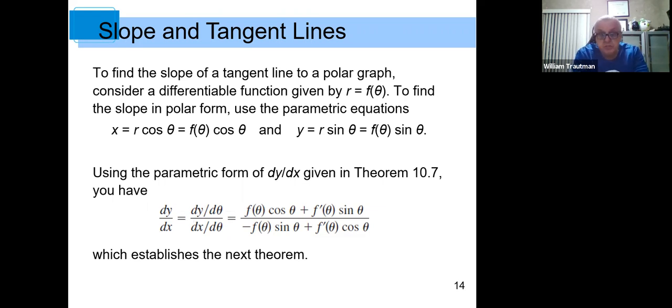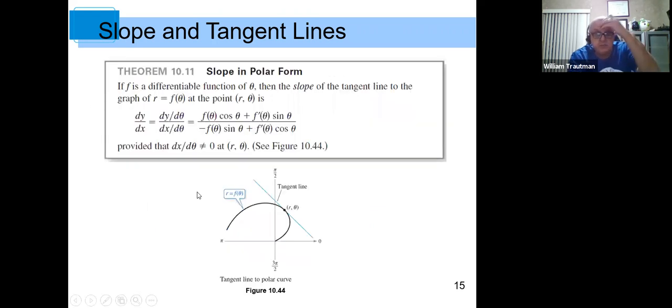This is a good formula to have written down, and I think they have it on the next slide. There it is.